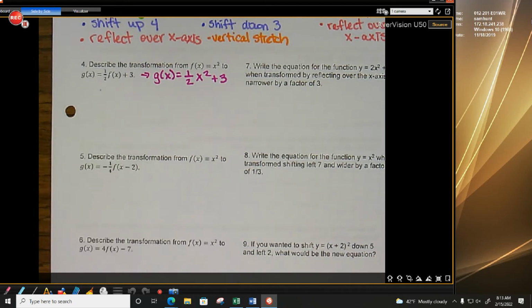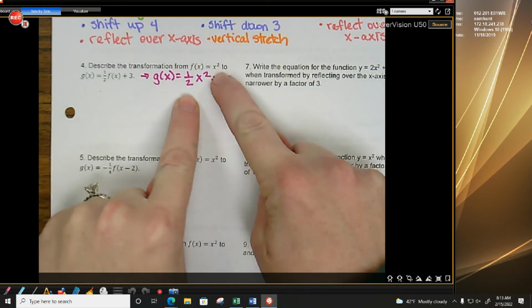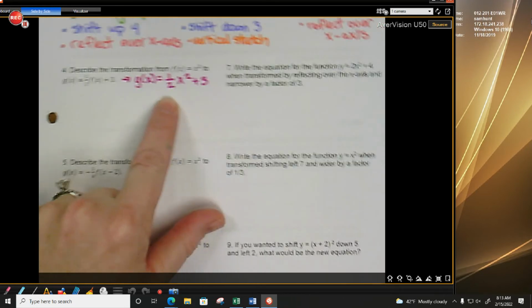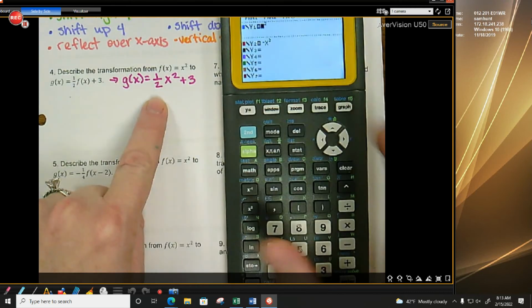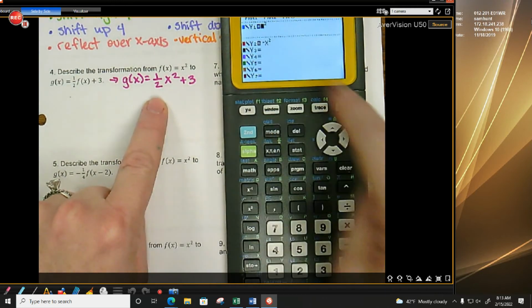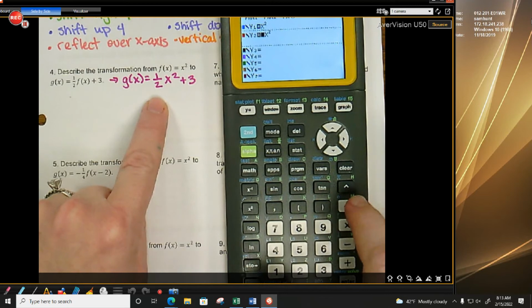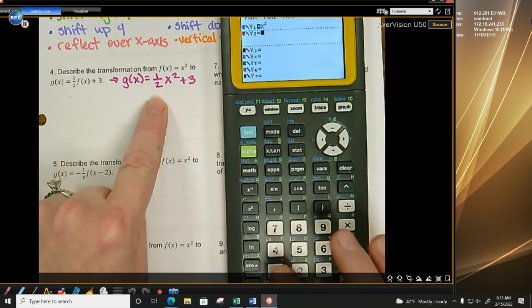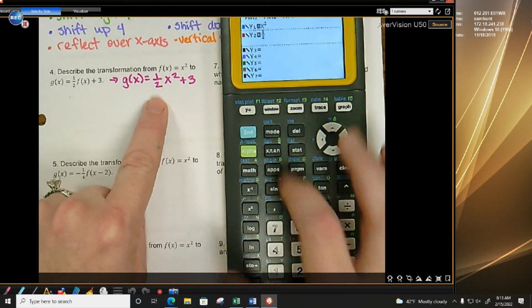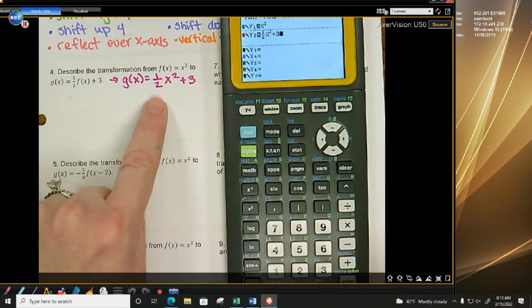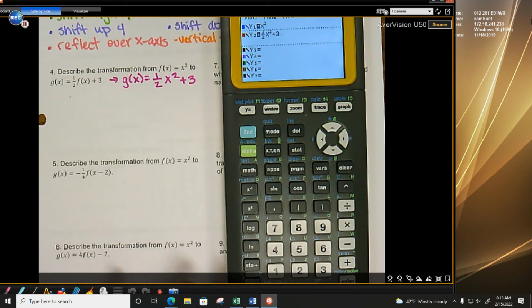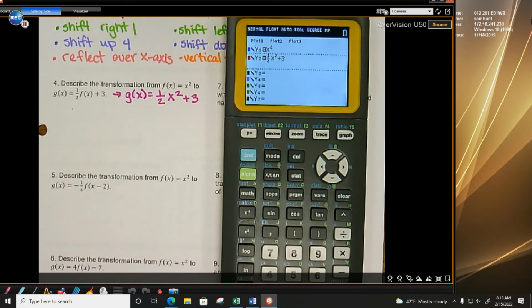I already have x squared. One half x squared plus 3. Graph it. My parent function looks the same as it's looked all along. Okay?